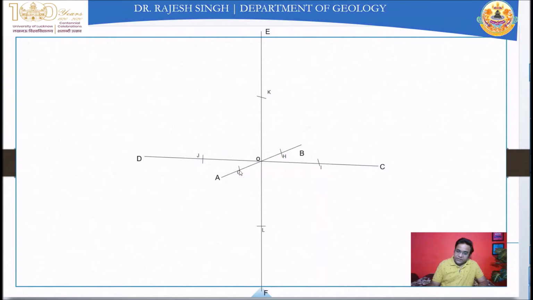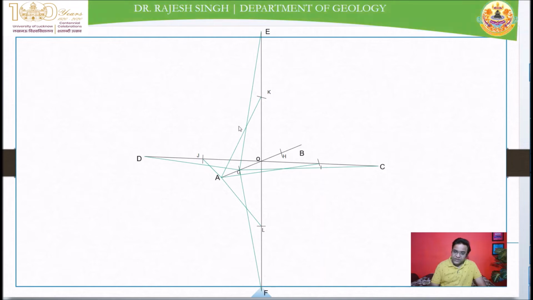First, join A with all four midpoints of the A1 and A2 axes, and the midpoint of the positive A1 axis, that is G, through the endpoints of the positive and negative ends of the A1 and A2 and A3 axes. So these are the lines. The green ones are joining A with all four midpoints of the A1 and A2 axes.